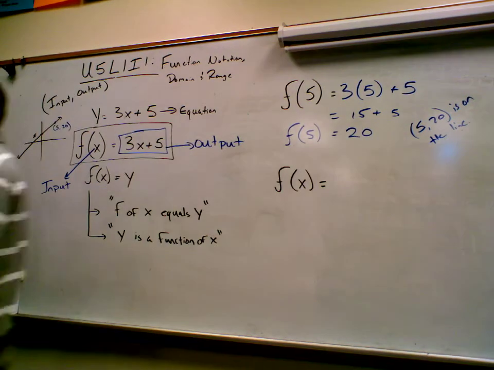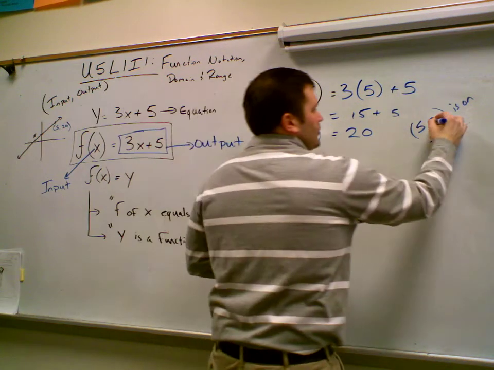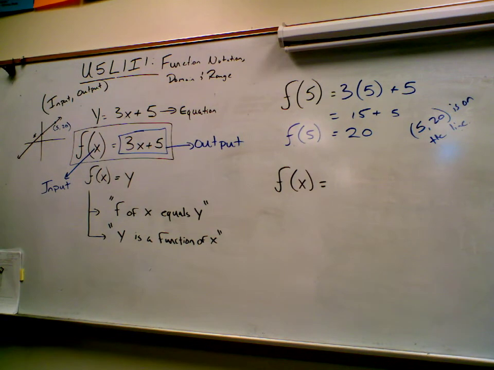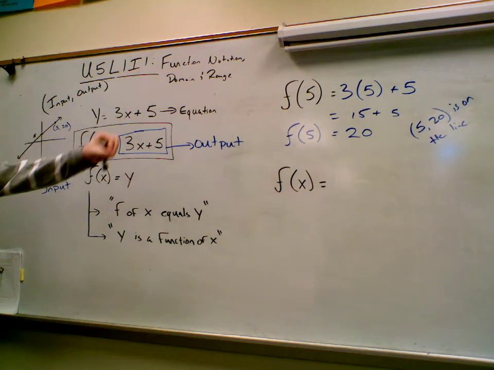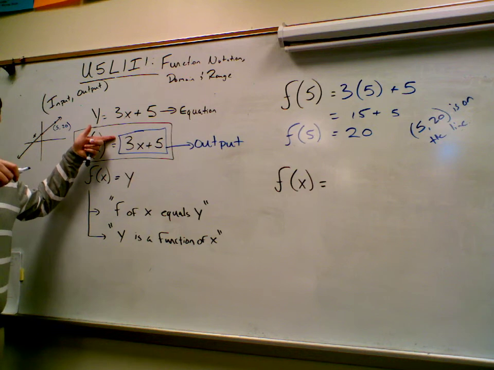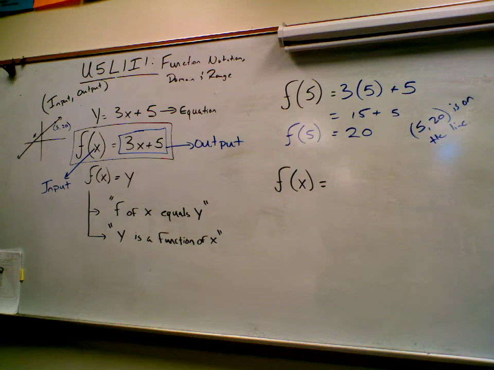Well, 3x plus 5 is a line. 5, 20 is on that line. Does that make sense? Now, if I plug in 5 again, will I get 20 again, or will I get something different? We'll get 20. Every time we'll get 20 because this is linear, which makes it a function. One input has only one output. Does that make sense?